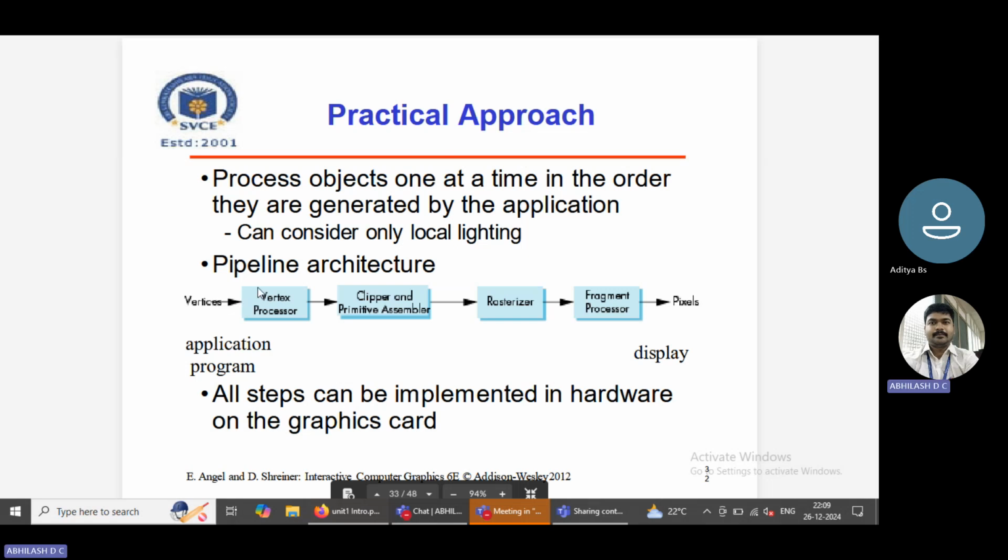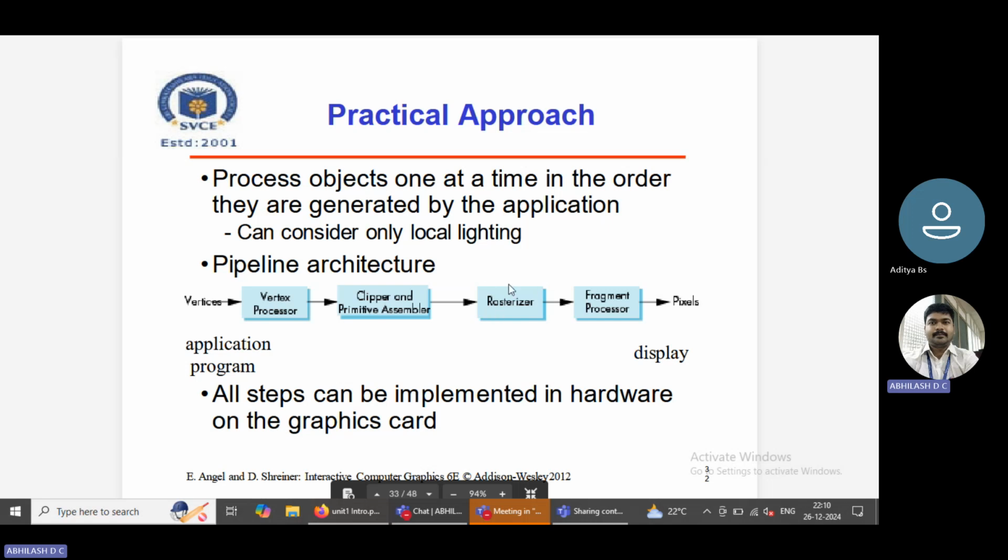They will be sent towards the vertex processor. In the vertex processor, it will identify which particular point should be present in which particular place. Next, if the particular point is falling outside the particular plane, it has to be clipped, meaning it has to be taken off. And the primitive assembly takes place.